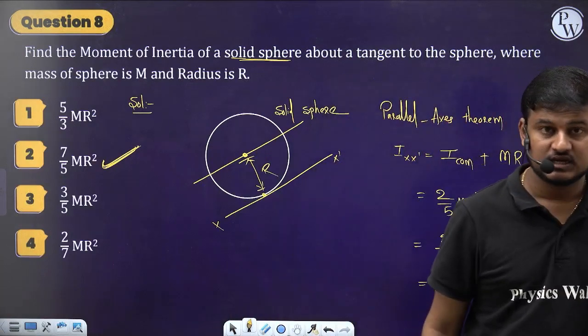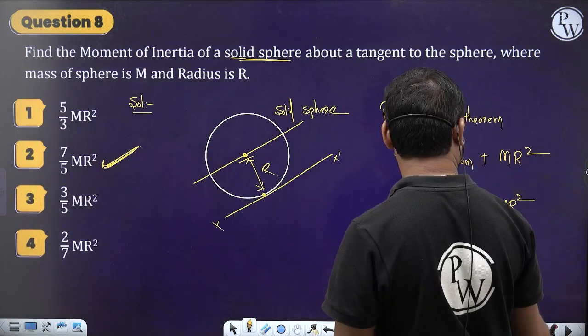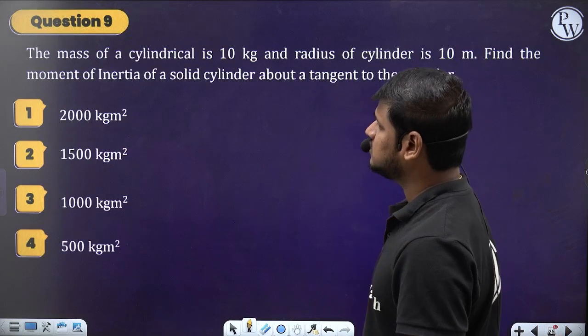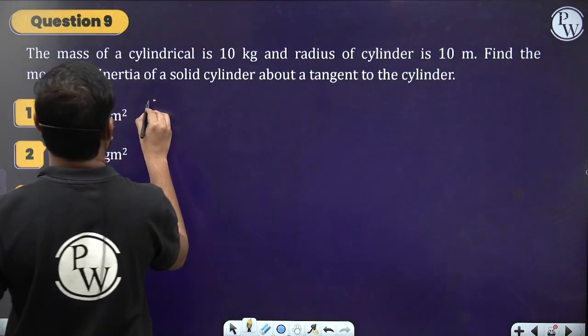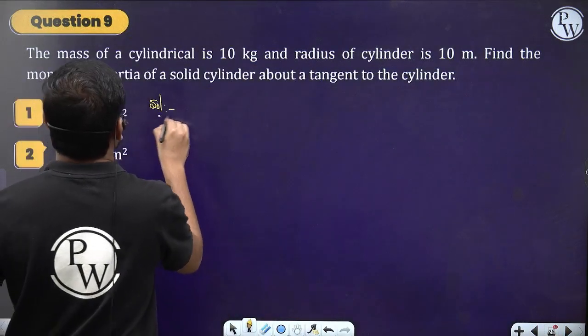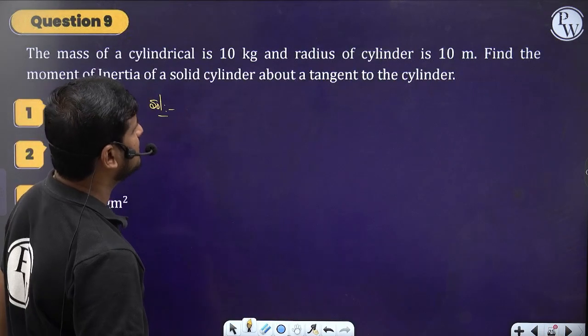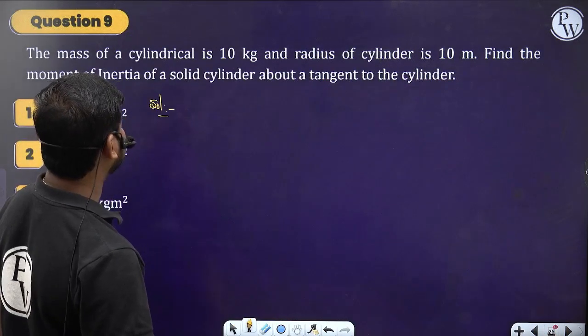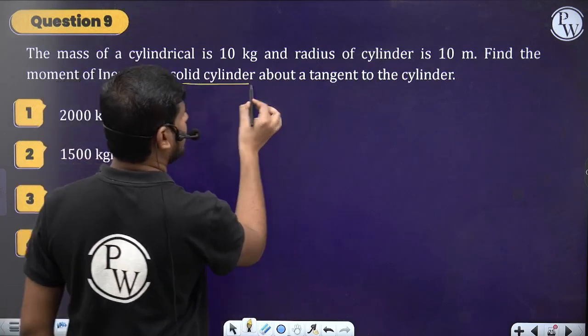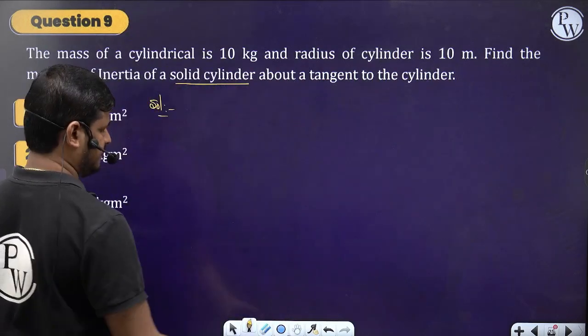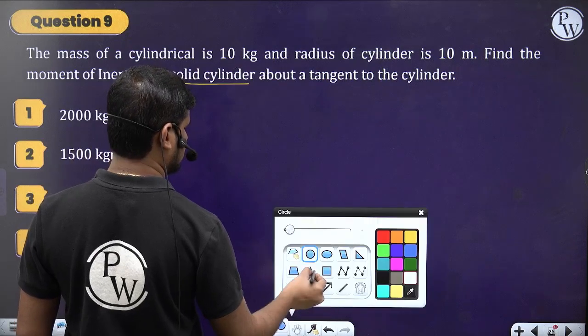Done guys? Clear? Chalo. The 9th question. What does the question say? The mass of the cylinder is 10 kg and radius is 10 meter. Find the moment of inertia of the solid cylinder about a tangent to the cylinder. See here, solid cylinder.